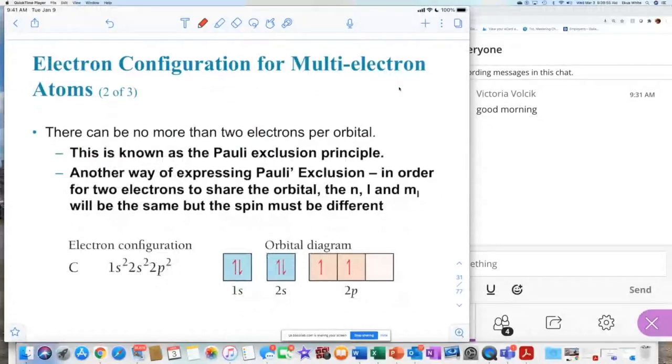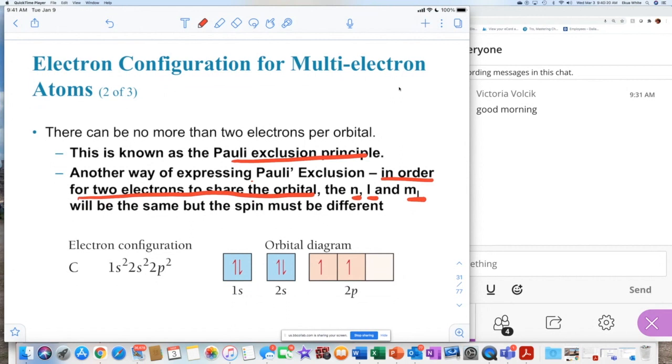Okay. So we talked about Pauli's exclusion principle before when we were talking about how many electrons can be in the orbital. We're told here, according to Pauli's exclusion principle, in order for 2 electrons to share the same orbital, to be orbital mates, their n, their l, their m sub l values must be the same. But Pauli's rule has exclusions, right?